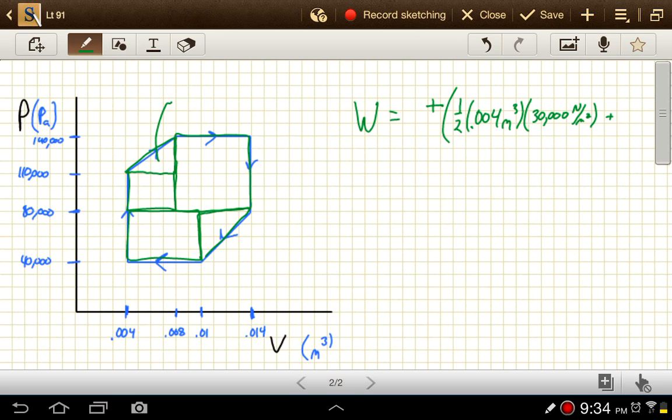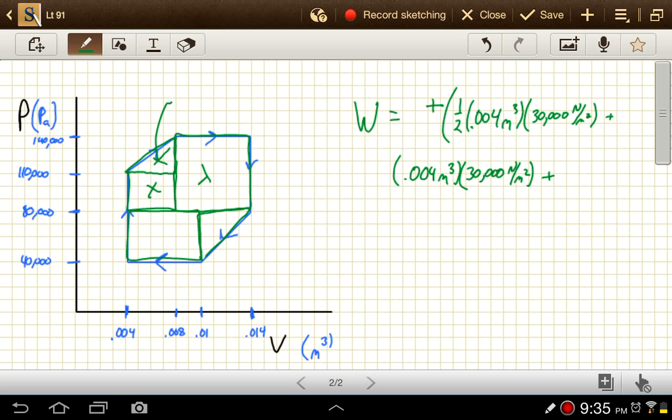Plus, right here we've got a rectangle with a length of 0.004 cubic meters and a height of 30,000 newtons per square meter.